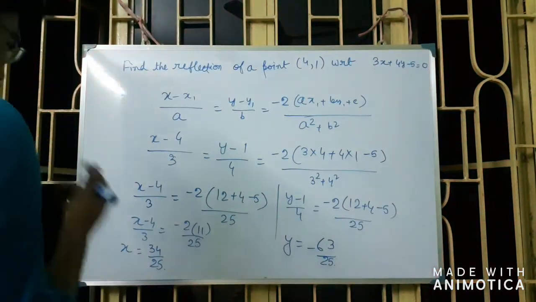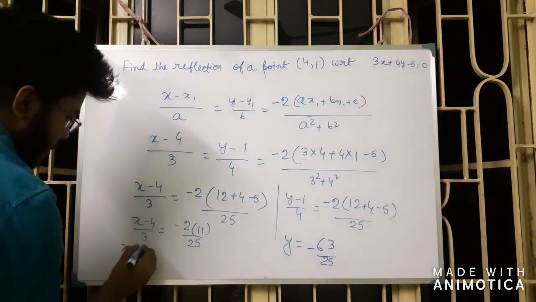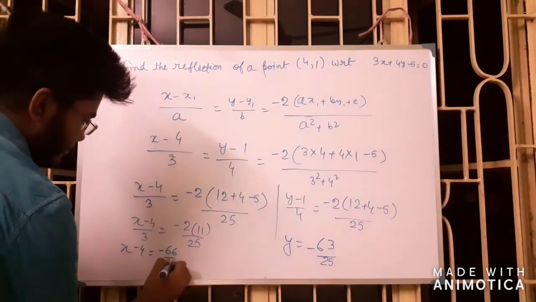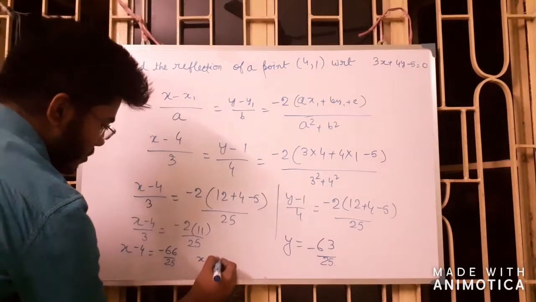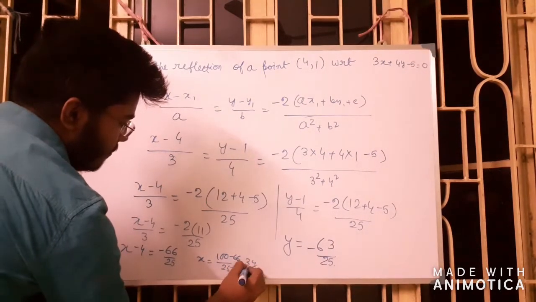Let's check it out. x minus 4 equals minus 66 upon 25, so x equals (100 minus 66) upon 25, that means 34 by 25.